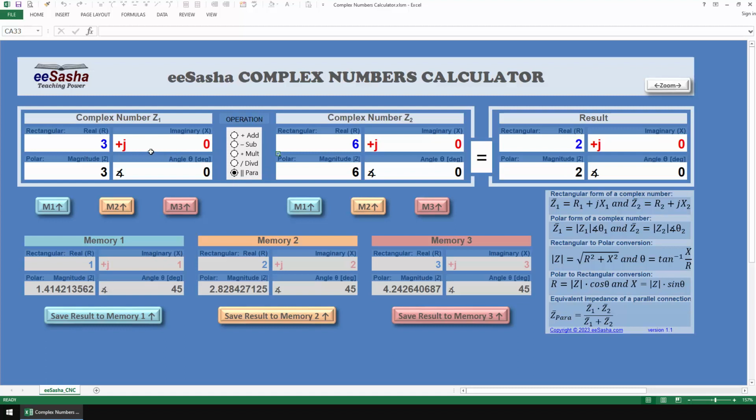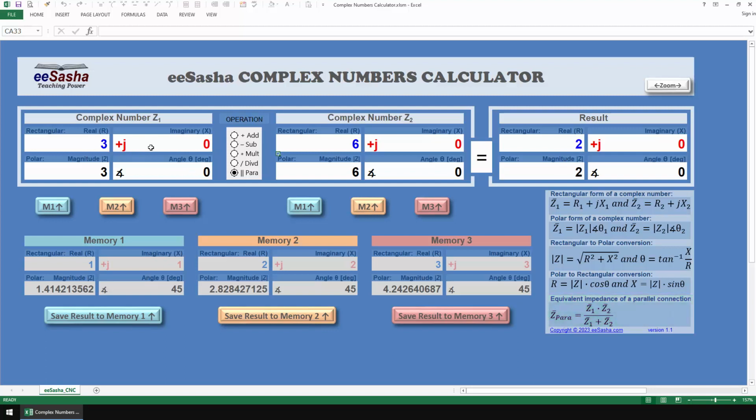If we have, in this case, two resistors of 3 and 6 ohms connected in parallel, the equivalent resistance will be 2 ohms. The calculator uses the equation Z1 times Z2 divided by Z1 plus Z2 to calculate the equivalent resistance or equivalent impedance.